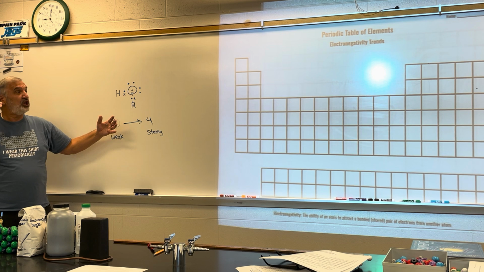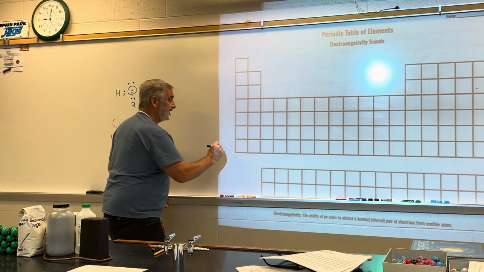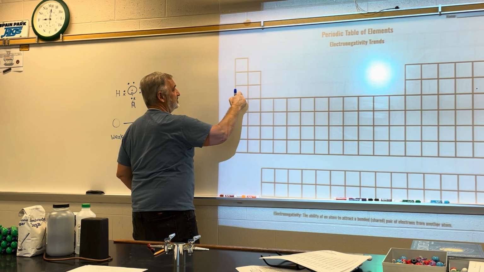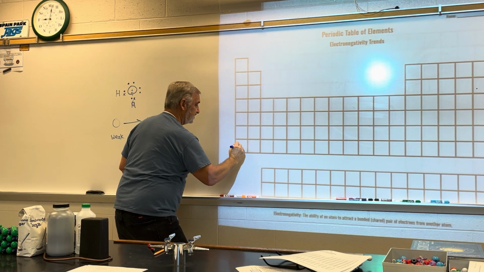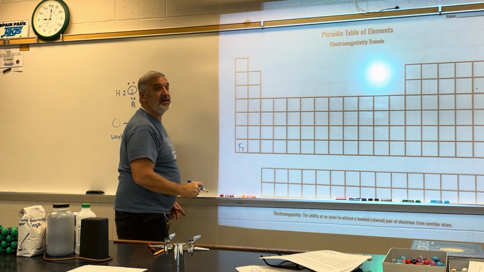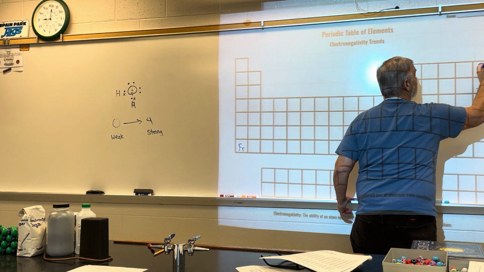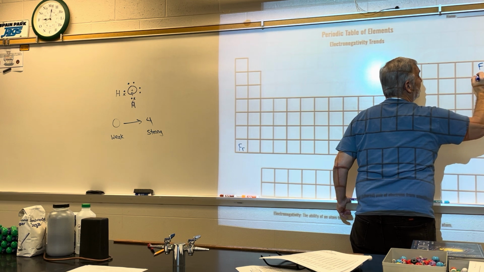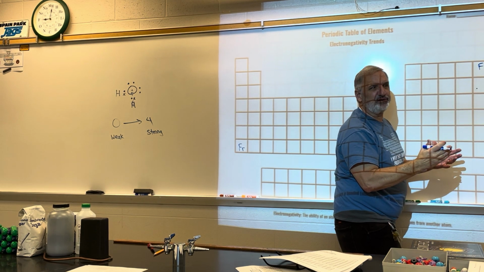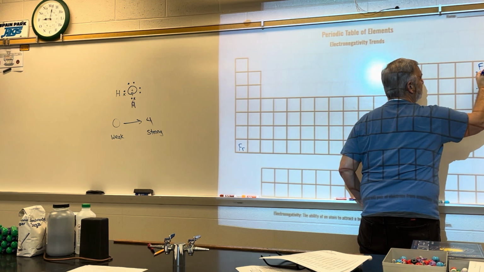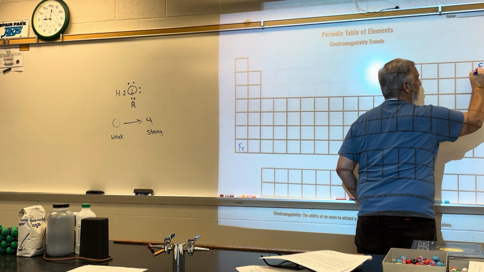When we look at this, francium, is this hydrogen, lithium, sodium, potassium, lithium, so this is francium. Francium has the lowest, fluorine has the highest. Most books call fluorine 4.0, the highest on the scale. Your periodic table gives it as 3.98, a little bit more accurate.